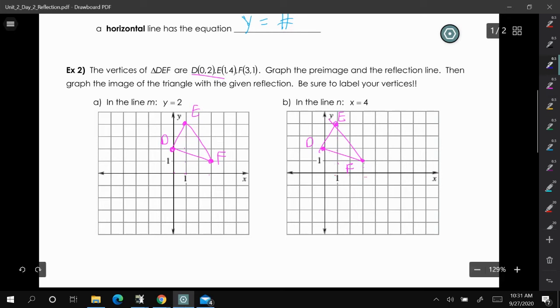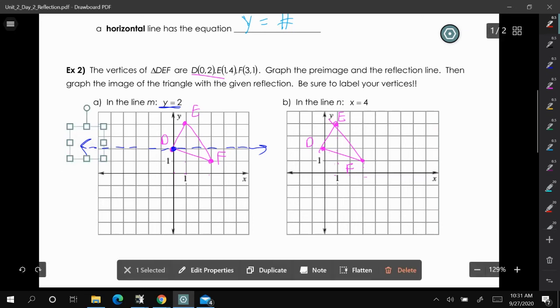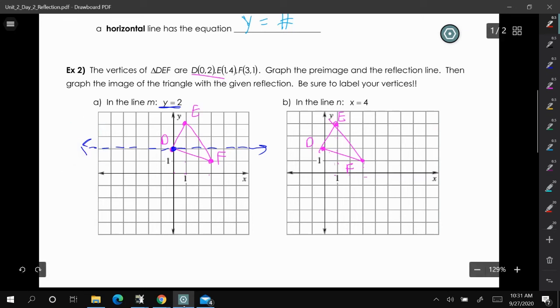Right, for example A, it says the line y equals 2. So let's find the line y equals 2, which is right here. So the y coordinate of this line is at 2. And then we're going to reflect. Well, since point D is on the line, D prime would stay where it is.